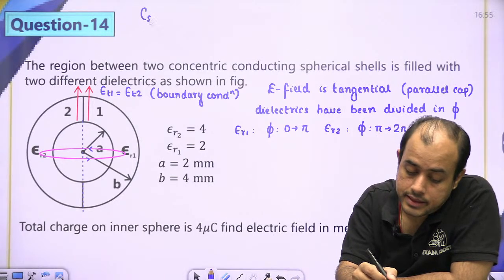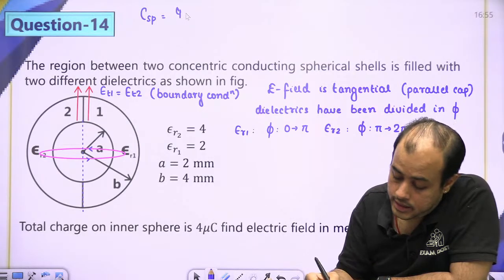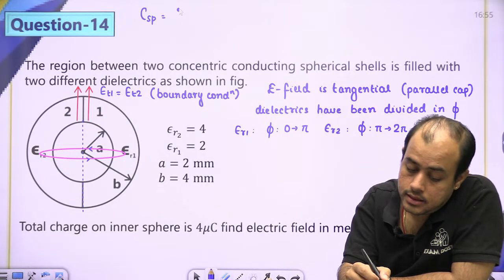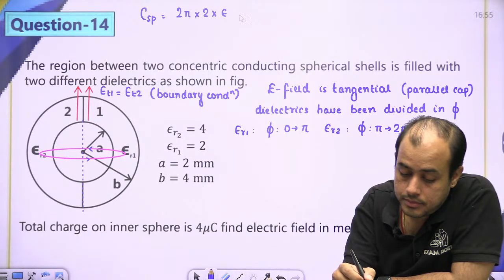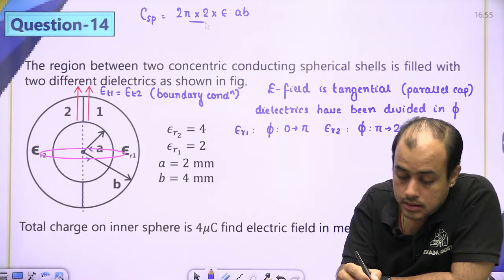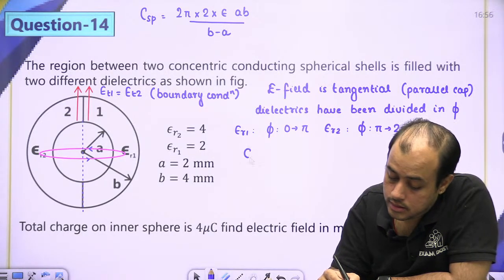Now the capacitance of a spherical capacitor is 4 pi, or let us write it like this. I told you the dissection of the formula, right? I taught you this dissection. So instead of 2 pi, I will use pi.